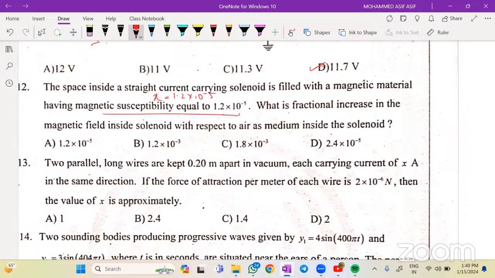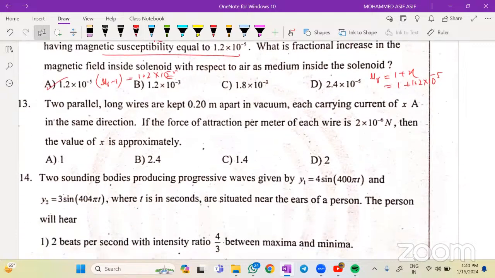What fractional increase in the magnetic field inside the solenoid with respect to air as a medium inside the solenoid will be equal to how much? Relative permeability is equal to 1 plus susceptibility. So it is 1 plus 1.2 into 10 power -5. For fractional change, it is mu r minus 1, so mu r minus 1 will be equal to 1.2 into 10 power -5. You can do it out directly, a direct question.